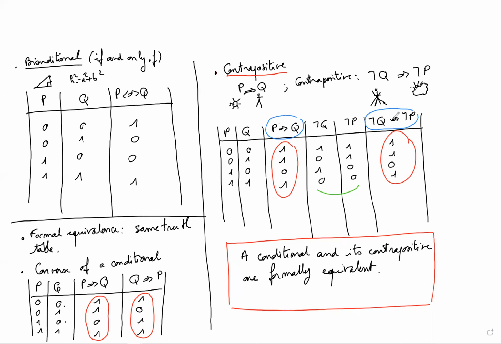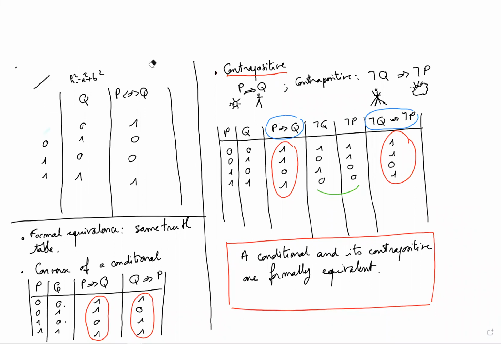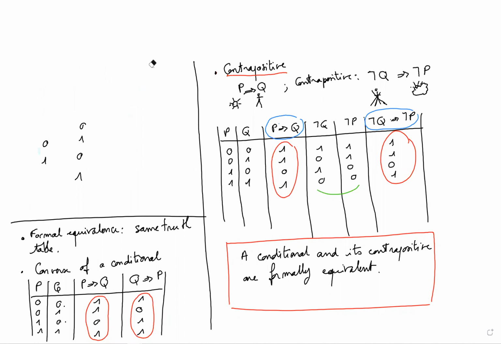Last two things. There are two special statements. What is a tautology? A tautology is a statement that is always true.